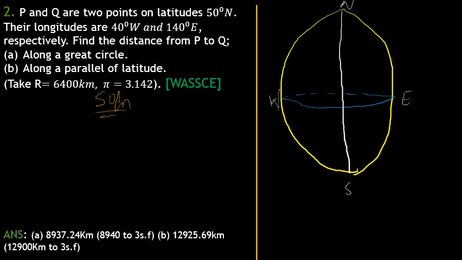All right, so point P and Q are 2 points on latitude 50 degrees north. Okay, so this should be our 50 degrees north. So you just draw by inspection, something like this. Okay, this is our 50 degrees north.